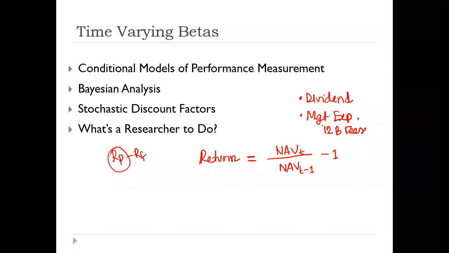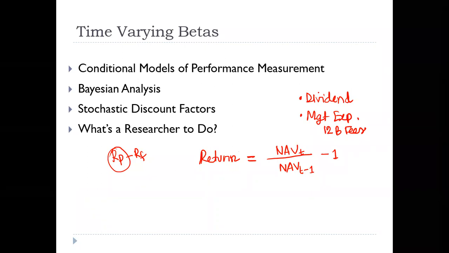So why do we have to adjust for these fees? Because we will not get the true performance if we do not adjust the NAV for these issues. So we have to adjust for these expenses and this dividend.